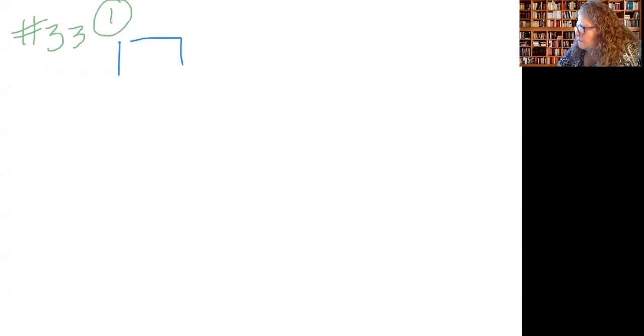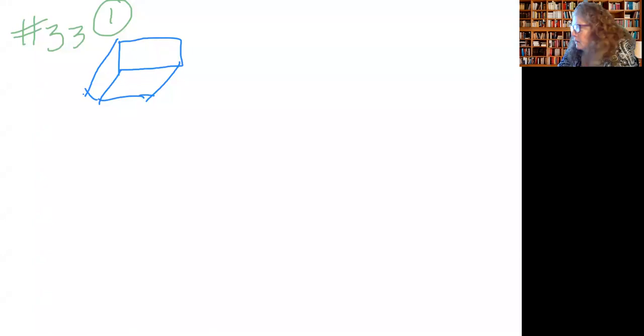So on assignment number 33, number 1, we have a rectangular prism. It's my mailbox, sorry.